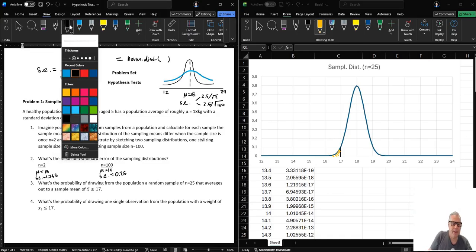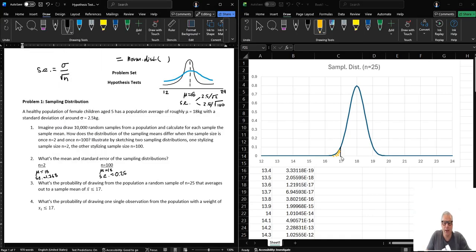So what we need to calculate is the critical z, and we can use the z because we know the population standard deviation. So actually not the critical t, our test z. So our z-score is that an average of 17 in the sample of 25 and the mean is 18.